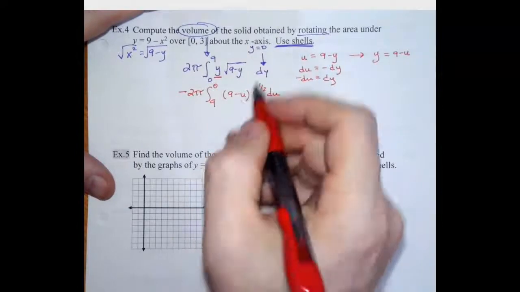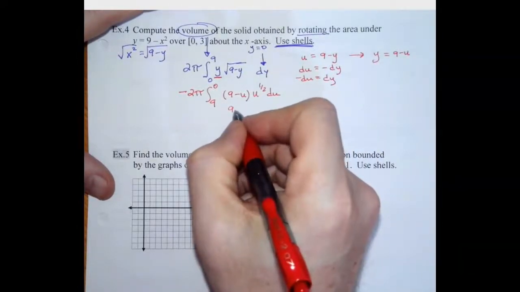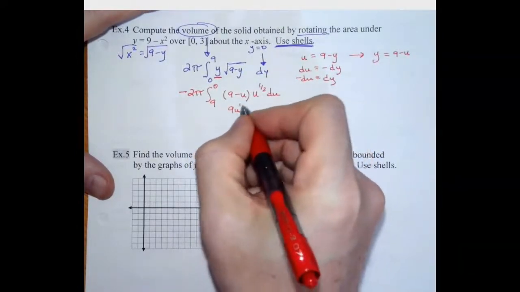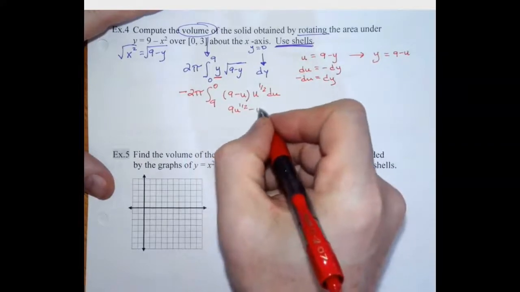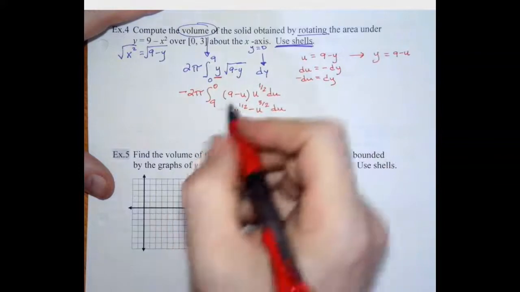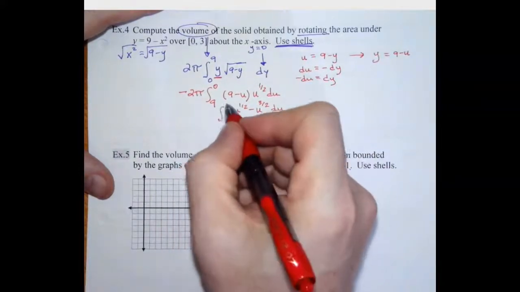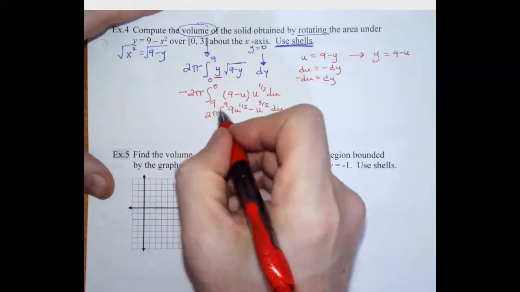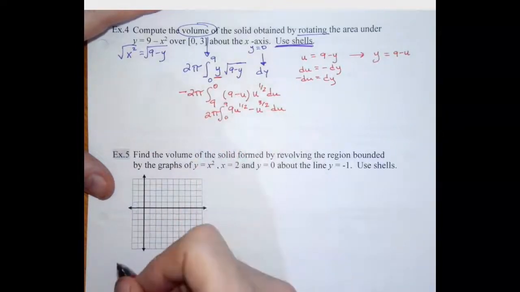So if we distribute this, we get 9 u to the 1/2 minus u to the 3/2 du. And I guess I could switch this 0 to 9 and make that a positive 2 pi. I don't know why I squeezed it so close to that one, but there we go.